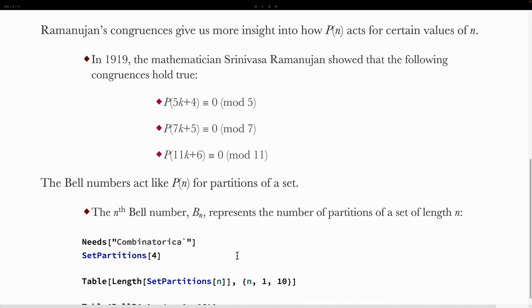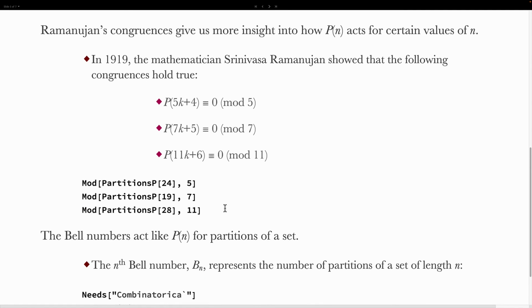Moving on, we have a particular property of partitions, namely Ramanujan's congruences, which give us more insight into how p(n) acts for certain values of n. In 1919, the mathematician Srinivasa Ramanujan showed that the following congruences hold true for the partition function p. He said p(5k+4) is congruent to 0 mod 5, p(7k+5) is congruent to 0 mod 7, and p(11k+6) is congruent to 0 mod 11.